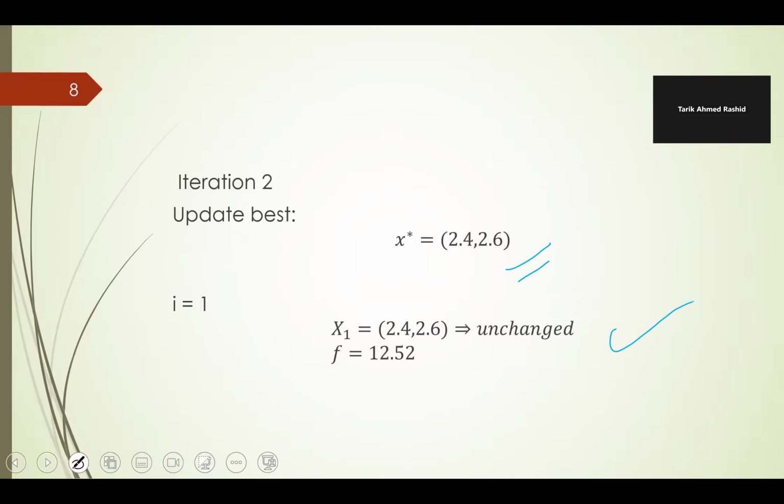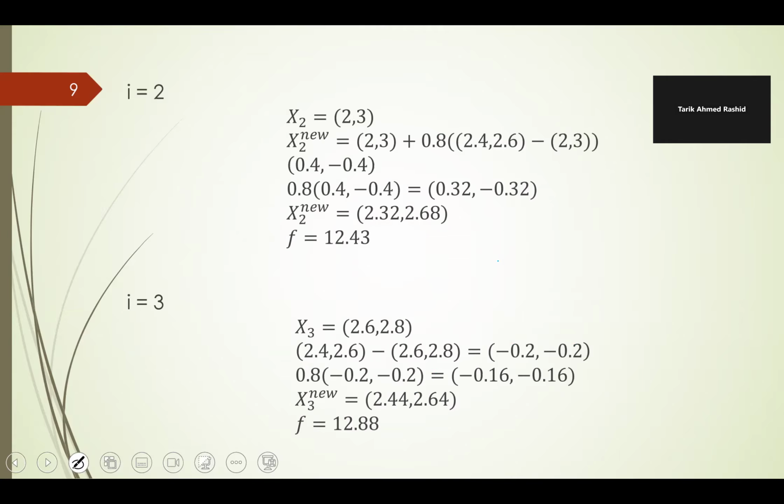For x1, there are no more changes because that is the best fitness that we have. For x2, we plug them into the update equation, and we will receive 12.43. That's x2 new. And for x3, the next solution agent, let's say the next Kiko or next nest, 2.6, 2.4, we plug them in and we find 12.88.